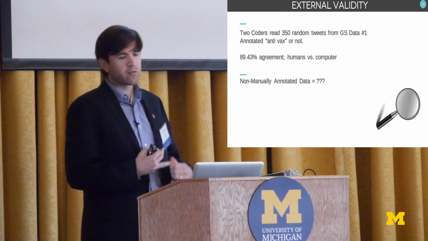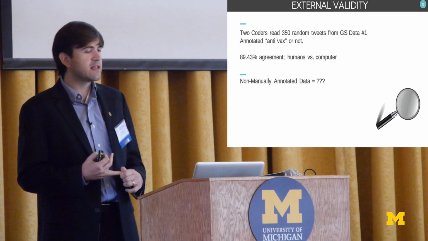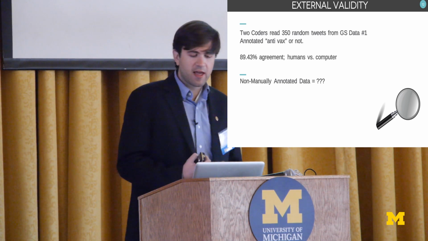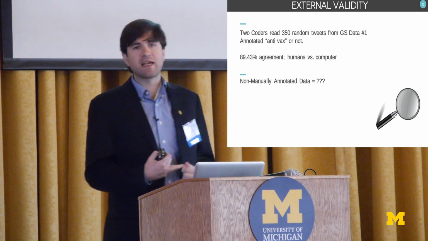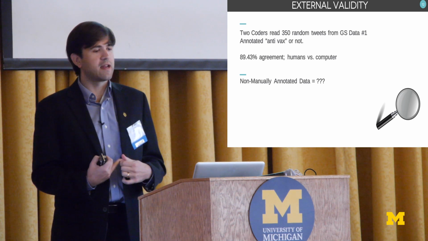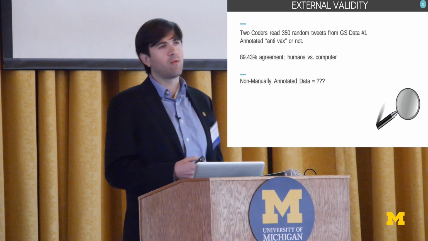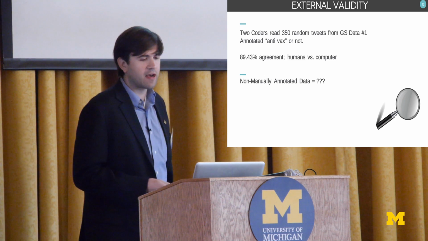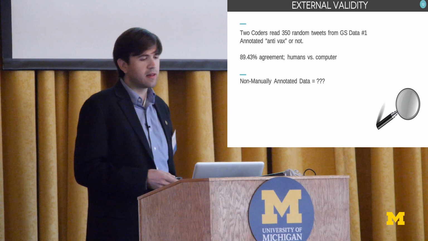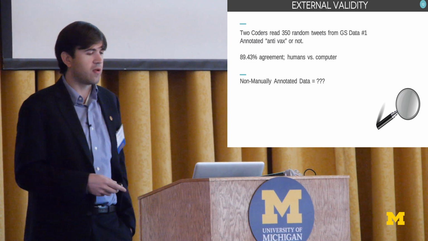So after we had the machine learning algorithm run on all 500,000 of our tweets, we took a random sample of 350 of them and verified that the annotation was exactly what we expected to see given what we had trained the computer on. And just under 90% of the data was what we expected. So the machine learning algorithm is performing pretty well. We did cross-fold validation earlier, but we just wanted to manually kick the tires and make sure that it was actually doing what it was supposed to.